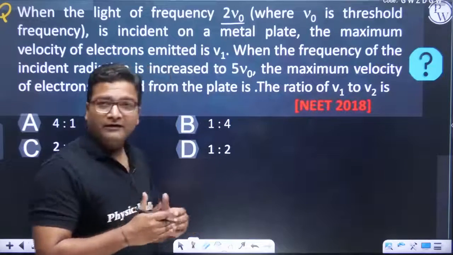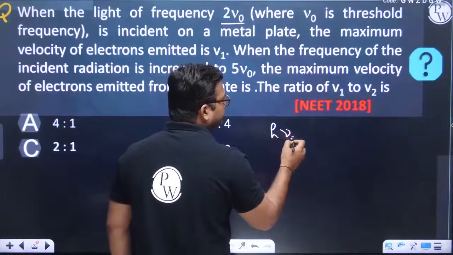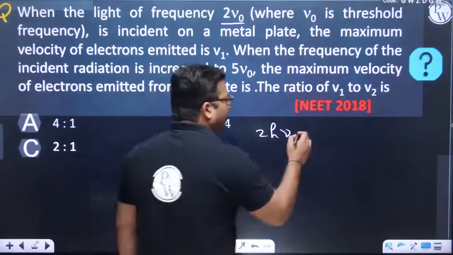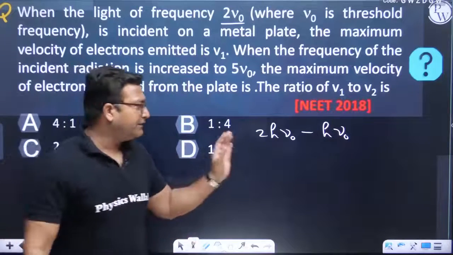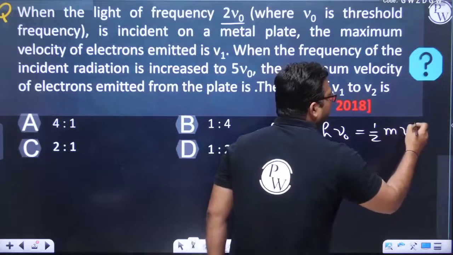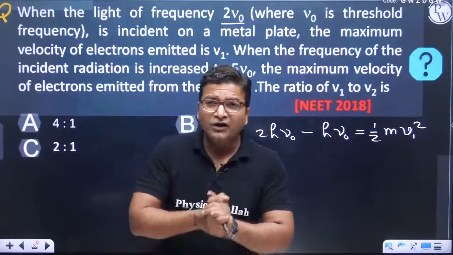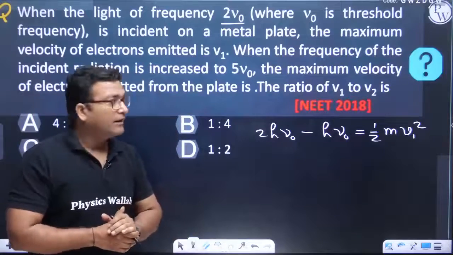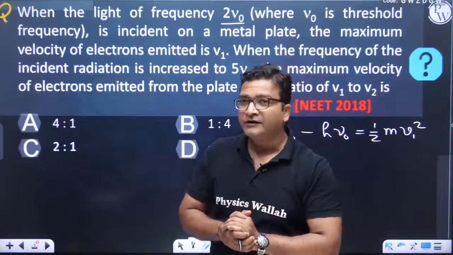So we can write Einstein's equation as: energy of photon is 2h nu naught, because the frequency of photon is 2 nu naught, and the work function is h nu naught because the threshold frequency is only nu naught, and this equals half m v1 squared. Simple. In the next line they say the frequency of incident radiation is increased to 5 nu naught, and the maximum velocity of the electrons emitted from the plate is v2.